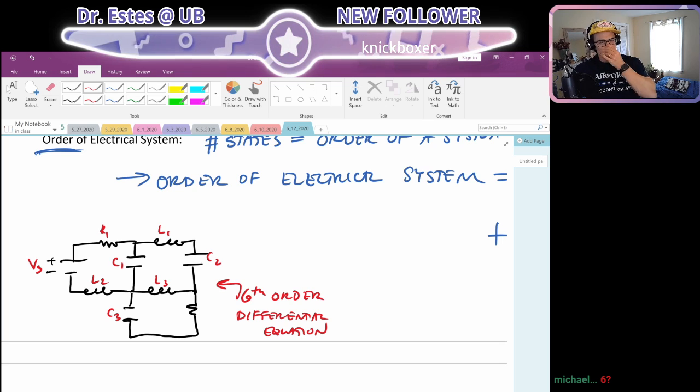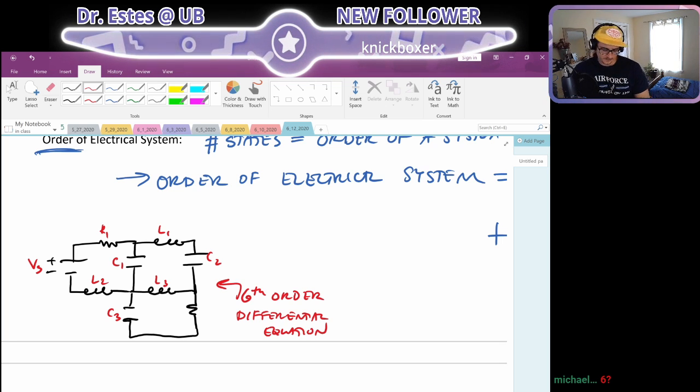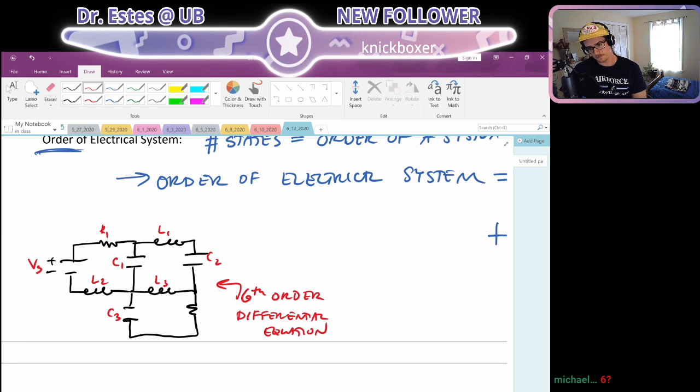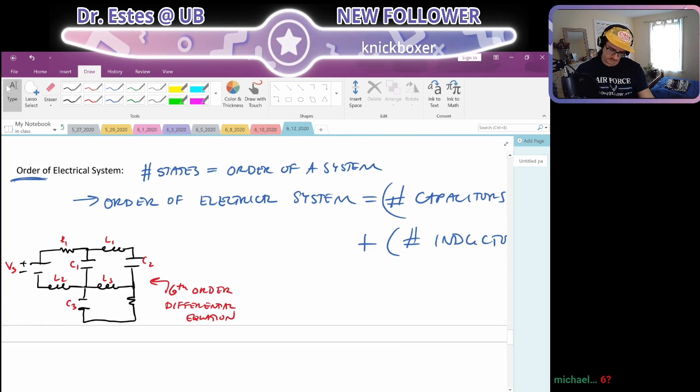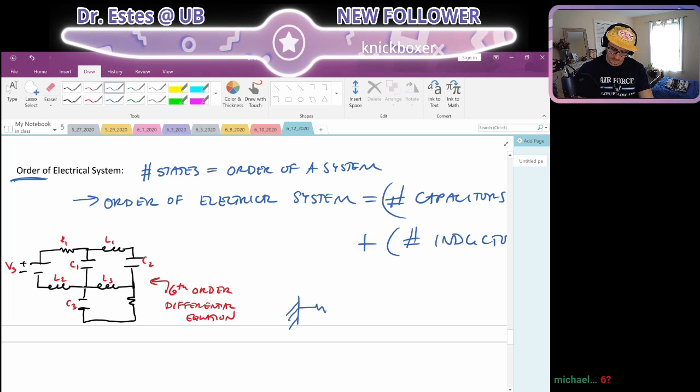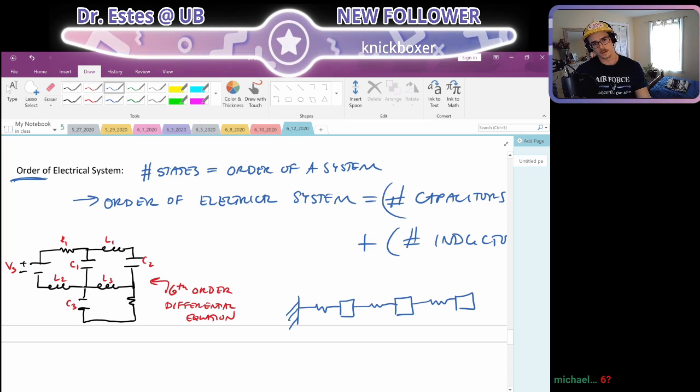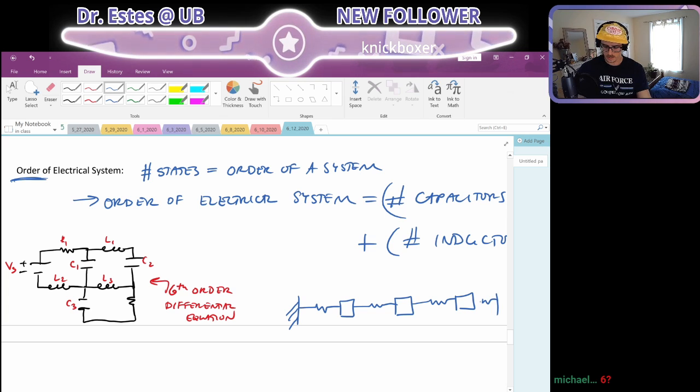It's a little trick. I guess you can do the same thing with mechanical systems. I think I told you earlier, just as an aside, if you have spring mass systems, and you might have a couple connected together, we use this for all sorts of different modeling.